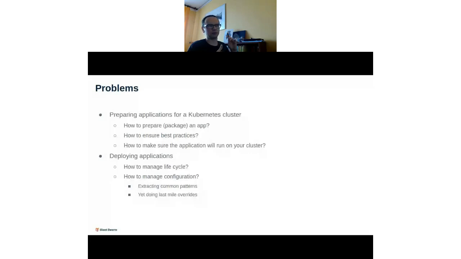How do you want to deliver your app in the first place? What machinery, what projects do you want to use to do that? How do you prepare this app according to the solution that you've chosen? How do you follow some best practices, how do you make sure that the application you prepare, after deploying to a cluster, will run and will run successfully?